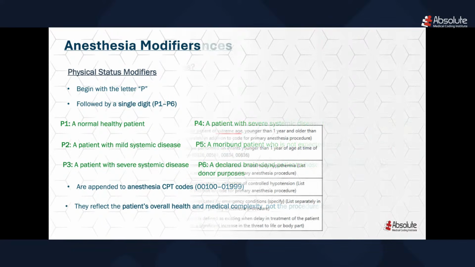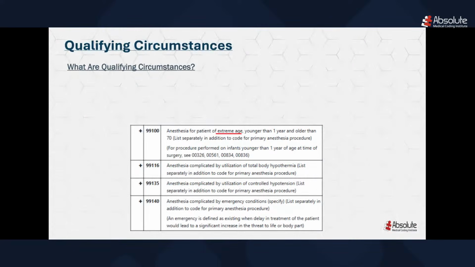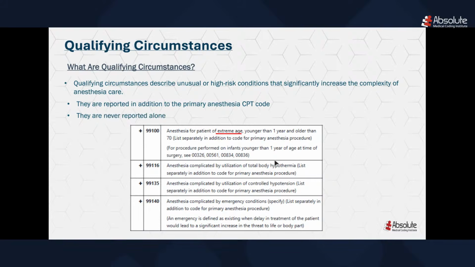Now let's turn our attention to the qualifying circumstances. These are special add-on codes that we use when anesthesia is made more complex due to unusual or high-risk conditions. So qualifying circumstances describe the situation that increases the difficulty, risk, and intensity of the anesthesia care.